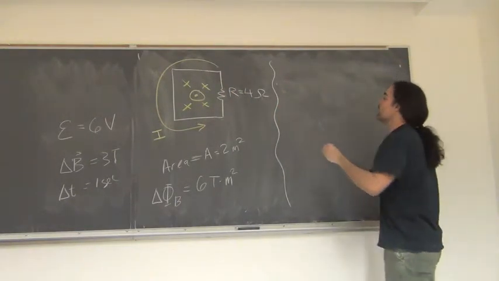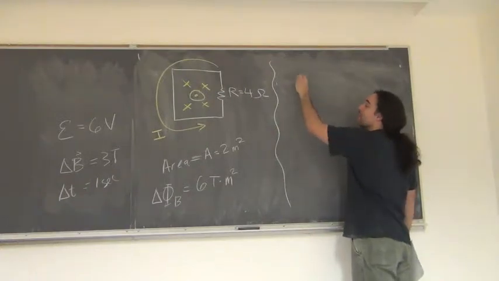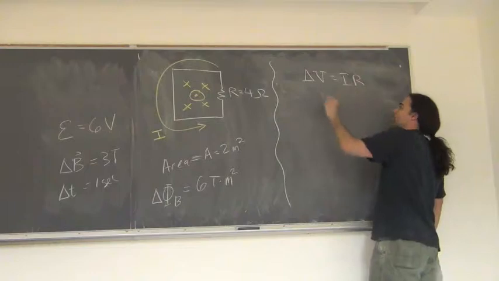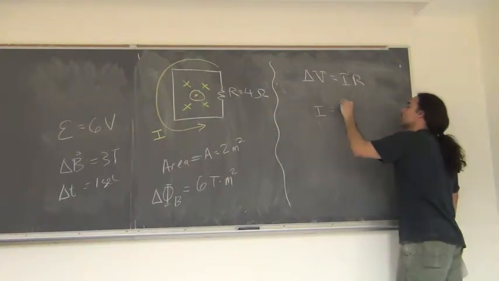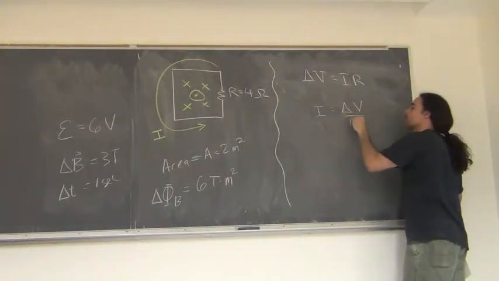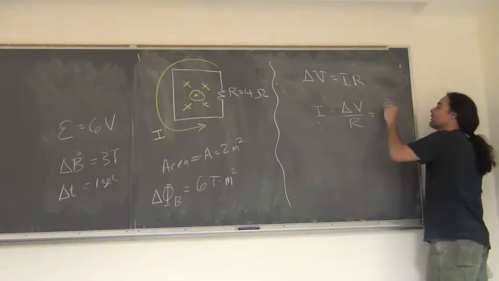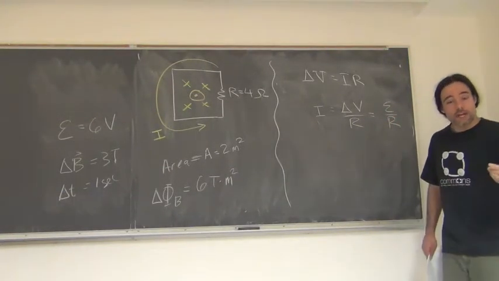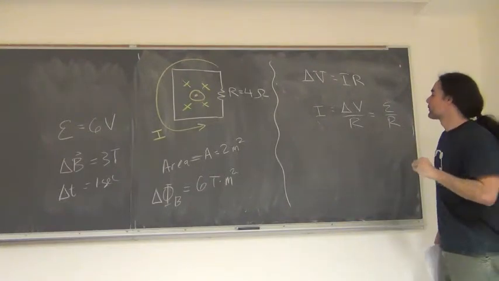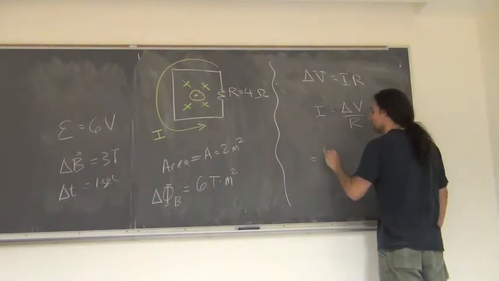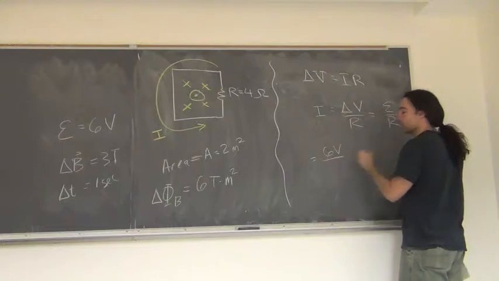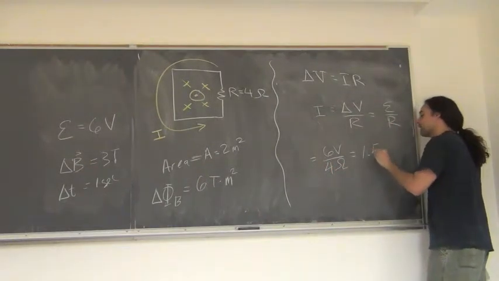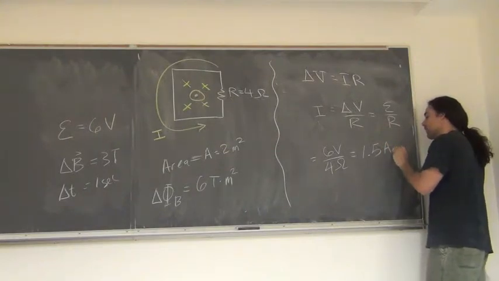Well, if I want to find the current, I can use Ohm's law: the voltage is the current times the resistance, which means the current is the drop in voltage divided by the resistance, which in this case is just the electromotive force created by the change in the flux. So that's going to be a 6-volt drop divided by the resistance, which we said was 4 ohms, which should give you 1.5 amperes of current.